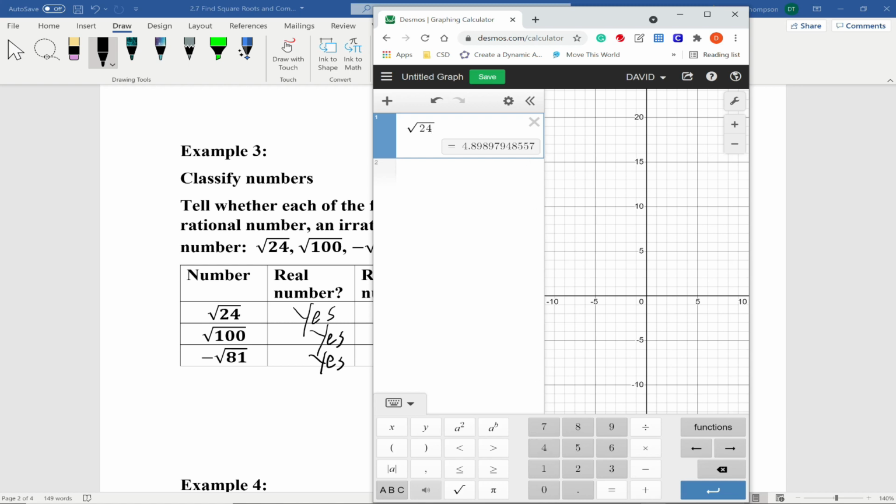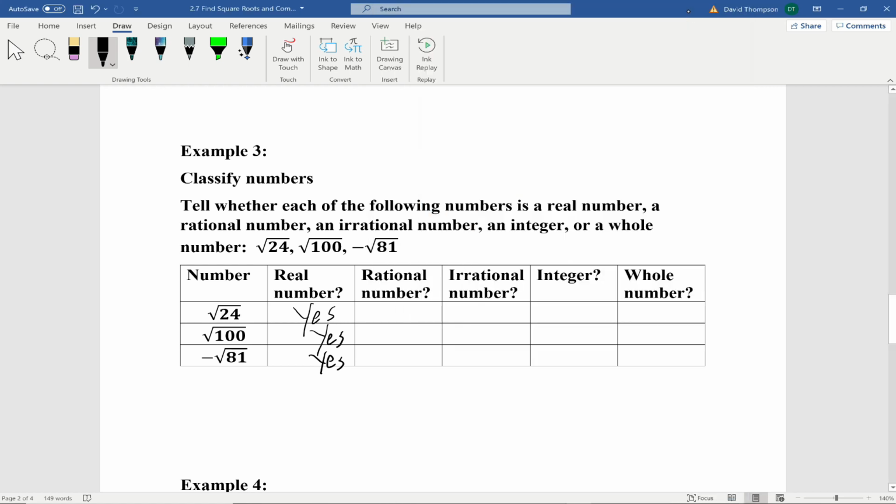I don't see a pattern to this decimal, so the first one is not a rational number. But since it does have that pattern that does not repeat, it would be an irrational number. It's not an integer, and it's not a whole number.